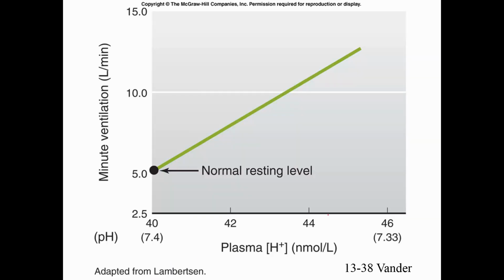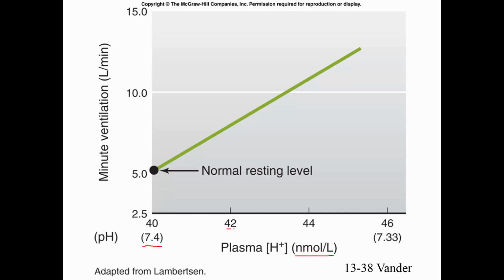pH also has a strong influence on respiration. So notice that typical physiologic pH is 7.4. That is 40 nanomoles per liter. We actually don't carry around a lot of hydrogen ion. So 40 nanomoles per liter.